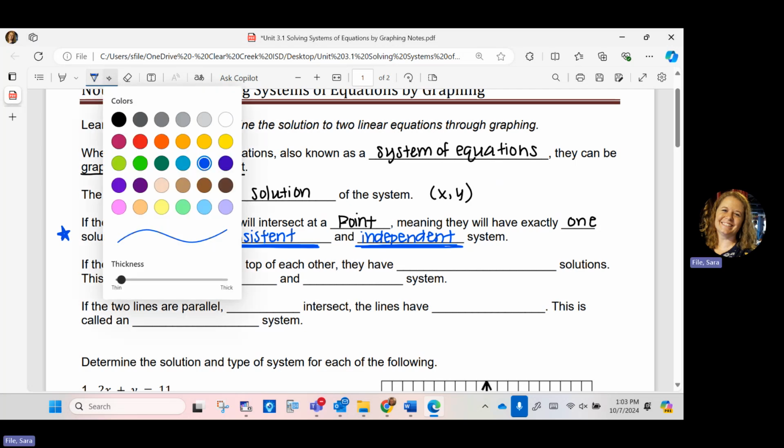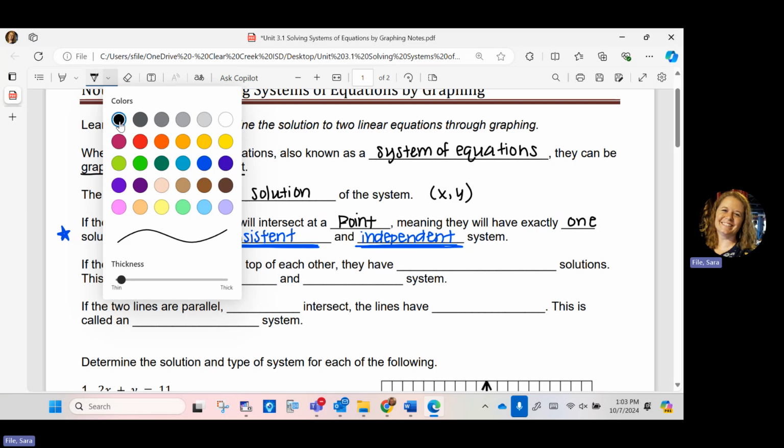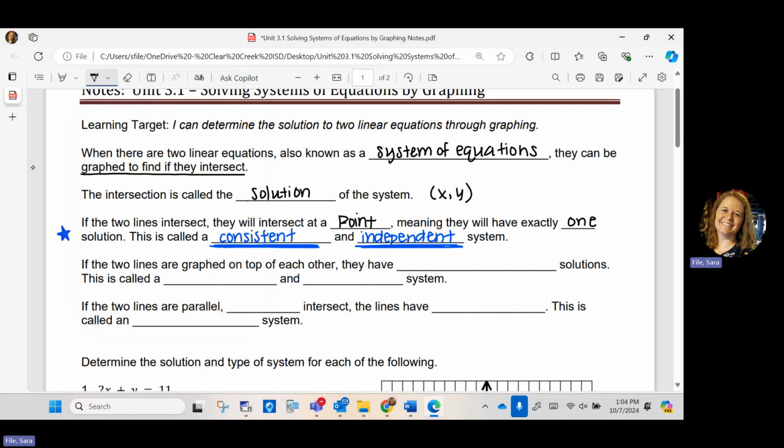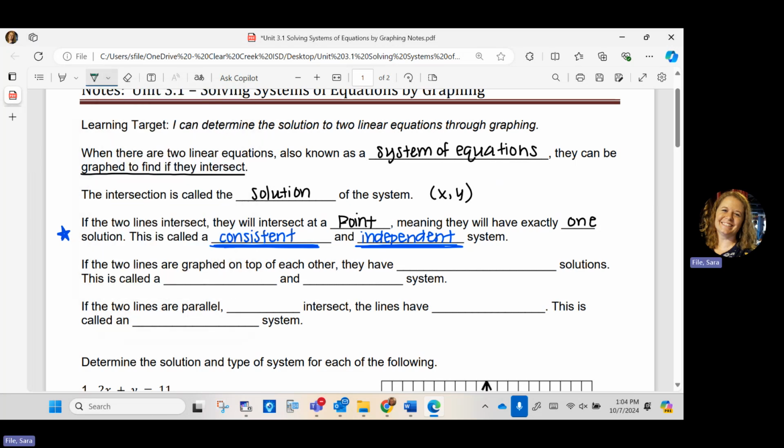Another type of system is when you have the 2 lines graphed on top of each other. So if you graph one and the other and they're right on top of each other, that means that they are going to have infinitely many solutions. They are just the same line. So they don't intersect at one point, they're intersecting infinitely. Hold on, I'm misspelling it.